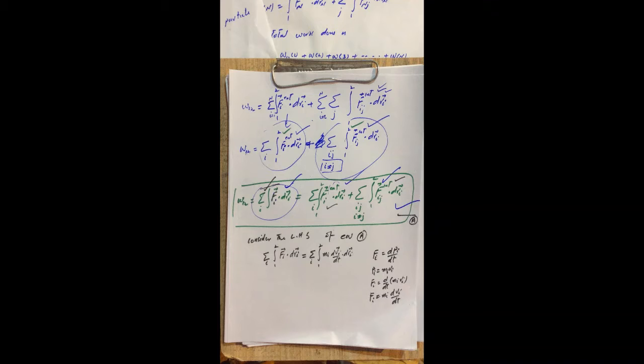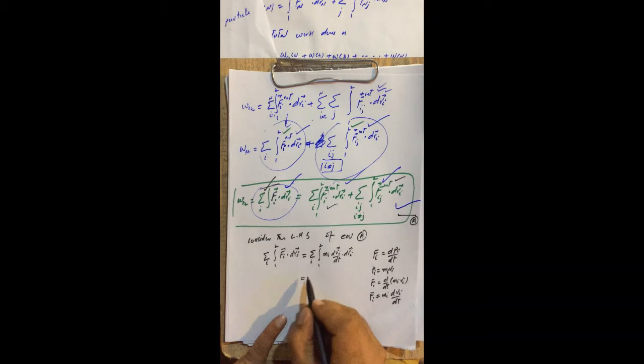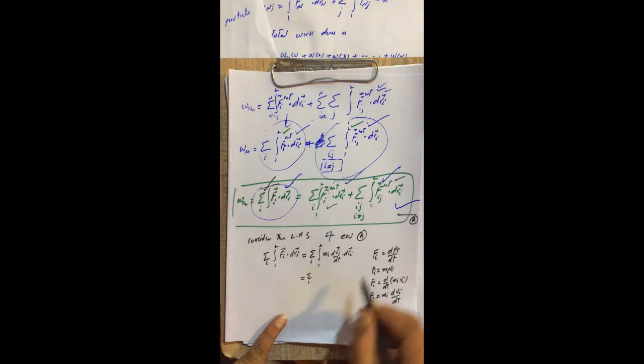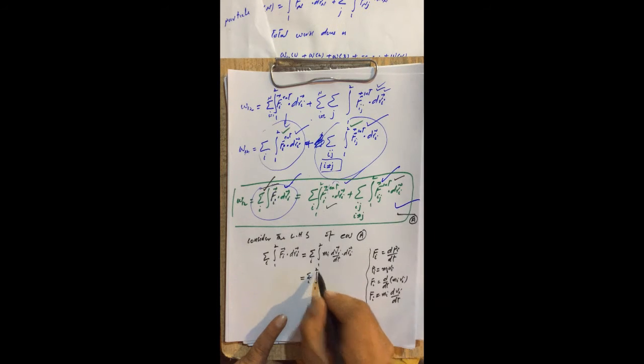Now here I will apply the chain rule, and we have this term which is equal to sum over i, integral from 1 to 2, we have mi.